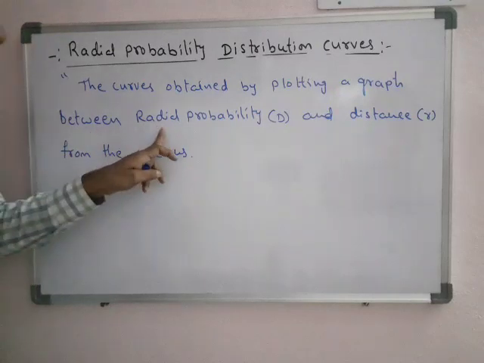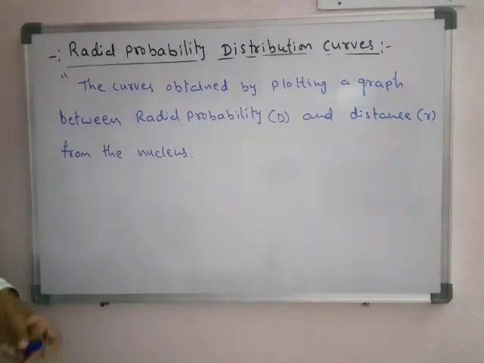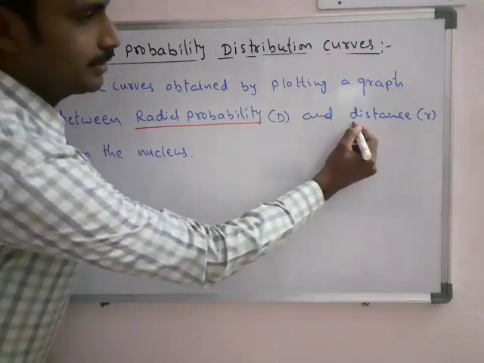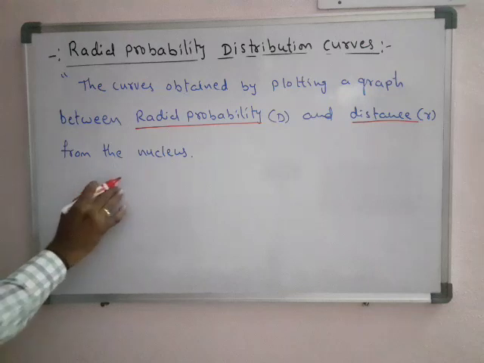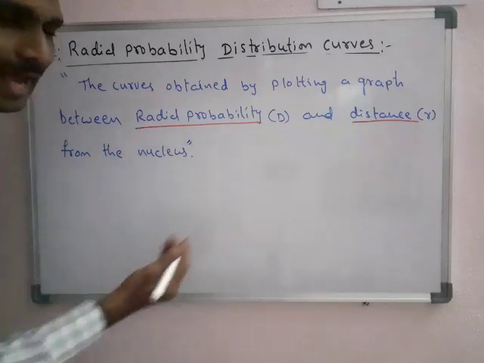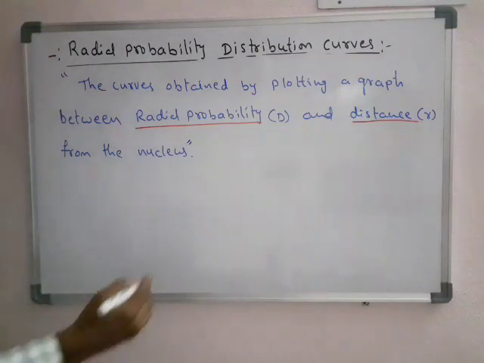So radial probability distribution curves are the curves obtained by plotting a graph between radial probability, the new word here, and the distance r from the nucleus, for an electron or for an orbital.